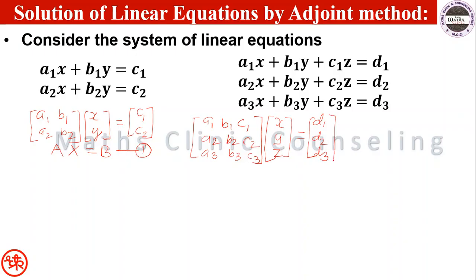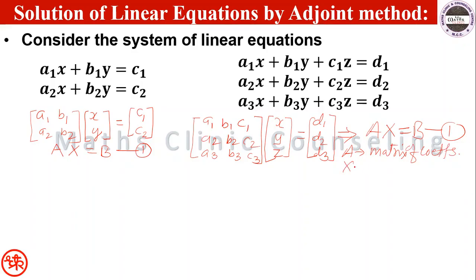Is that clear? So this can also be written as AX is equal to B. This is also we can represent by equation 1. Where what is A? Where A is a matrix of coefficients.